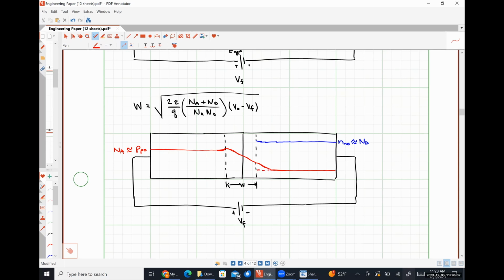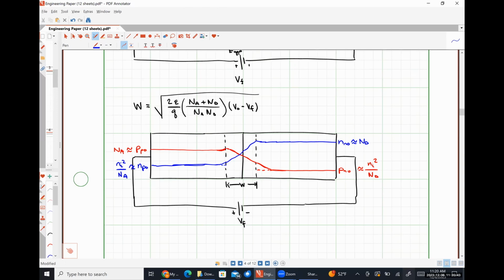I'm going to put a little dashed line right here. So this is Pn naught, approximately Ni squared over Nd on this edge. And then for our electrons, something like this, putting this little dashed line here, where this is Np naught, which should be approximately Ni squared over Na.